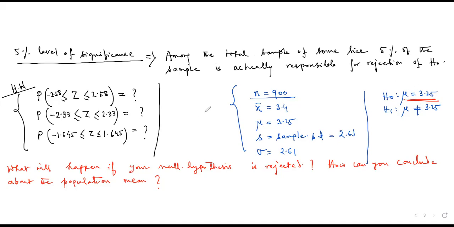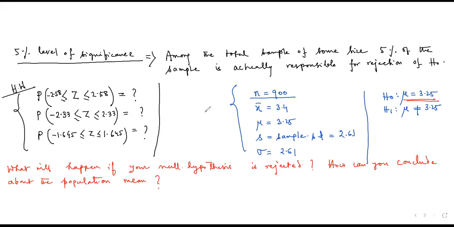But suppose during the testing of hypothesis we have rejected the null hypothesis, because it is not always possible to select 900 members or more or less than that. The selection of a sample takes lots of time, money, energy, manpower, and dedication, which we lack. So if the null hypothesis is accepted, it's okay, no problem.